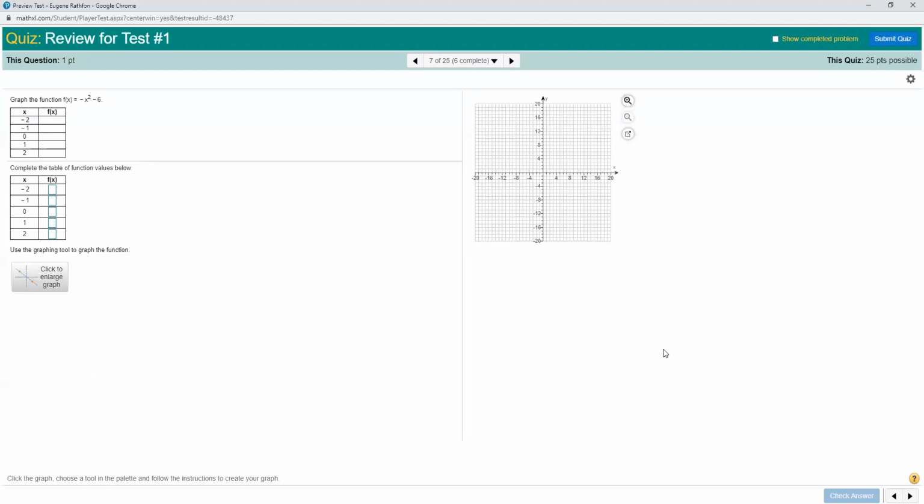Okay, so what number are you putting in for that x? It's been doing it since -2. So you're doing f of -2? Yeah. Okay, so watch this. Can you see that? Let me think here. Okay, so now is your problem the same, negative x squared minus 6?